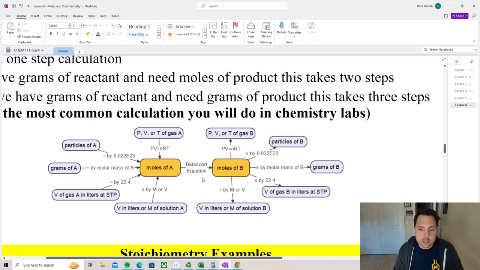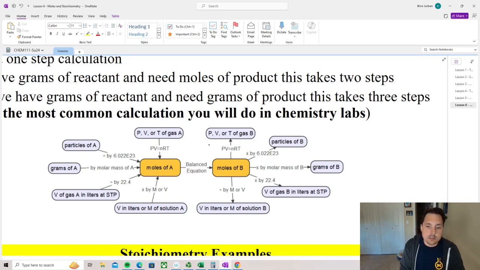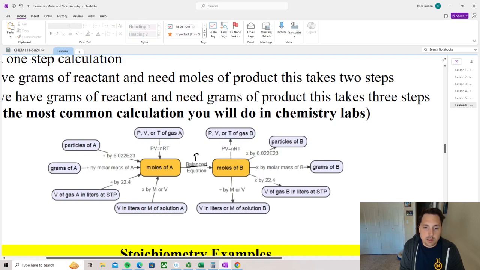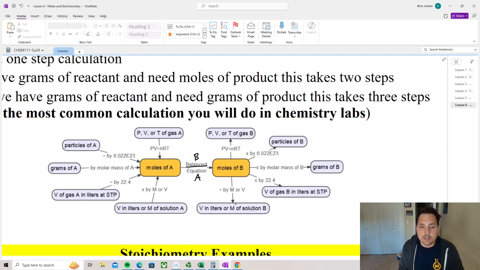But the balanced equation will need to be where you're essentially multiplying through here on the top by the moles of B, and then on the bottom, the way I'd kind of write it is, we have B on top and A on bottom. So the coefficient of B on the top and then the coefficient of A on the bottom.